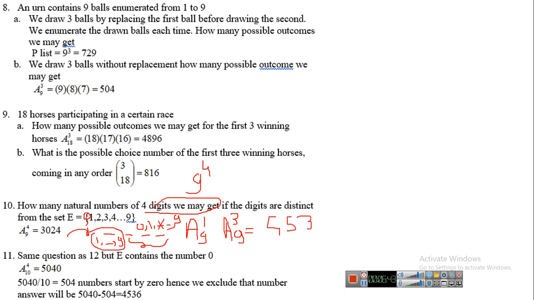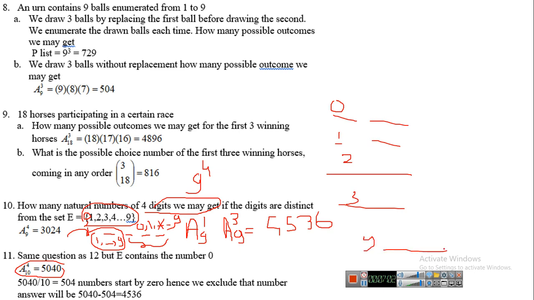This is one method. Another method, you do arrangement 4 out of 10. You include the 0 with it. I have 4 out of 10. But you know you cannot start by 0. The numbers starting by 0, starting by 1, starting by 2, starting by 3, up till starting by 9, all are equal logically. So how many groups do I have? I have 10 groups.